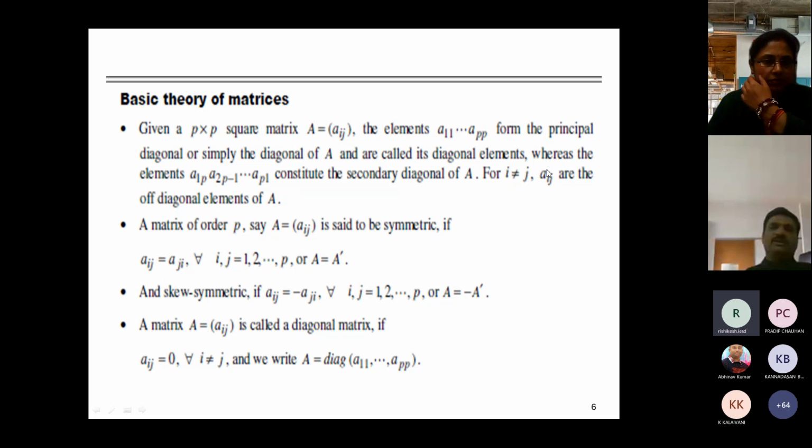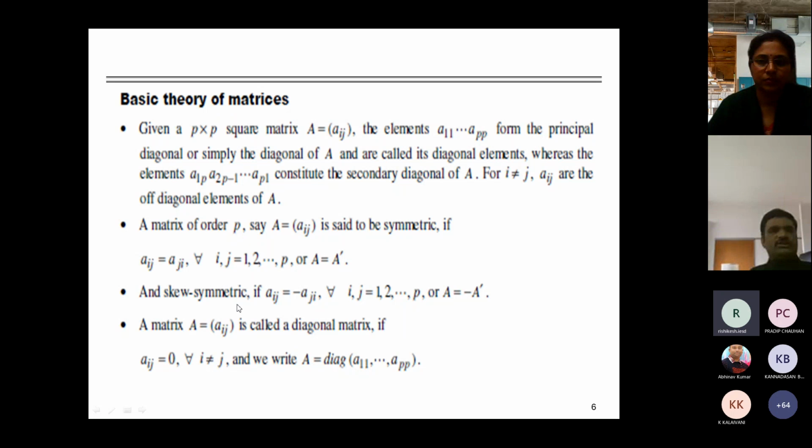For i not equal to j, Aij are the off-diagonal elements of A. Now the matrix of order p, say Aij, is said to be symmetric if Aij equals Aji for all i, j with values 1 to p, or we can write A is equal to A dash.